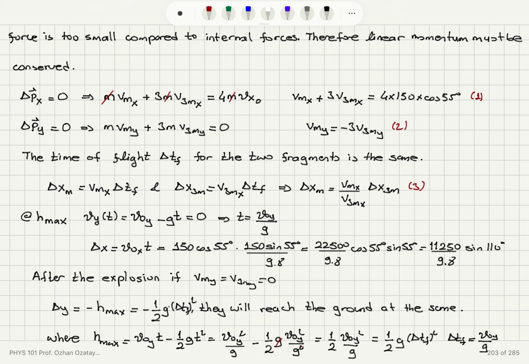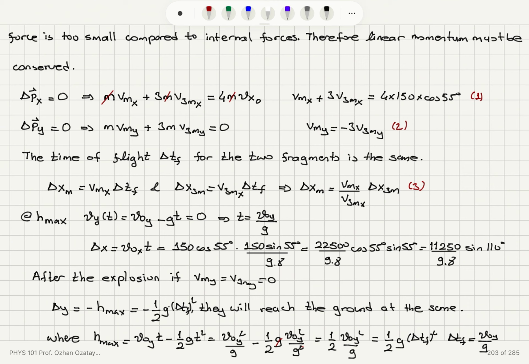So h max is equal to 1/2 g delta tf squared, which is going to be satisfied only if they have initial y components of 0. So that's one thing we learned from these two pieces of information.